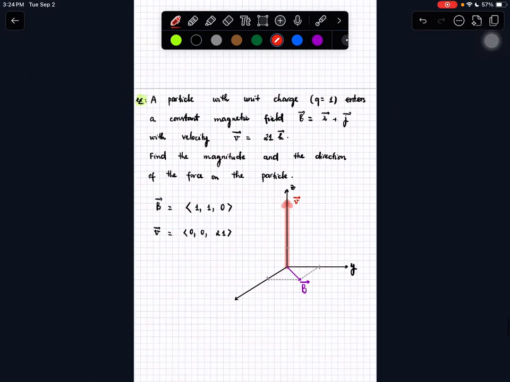We need to compute the magnitude and the direction of the force on the particle.